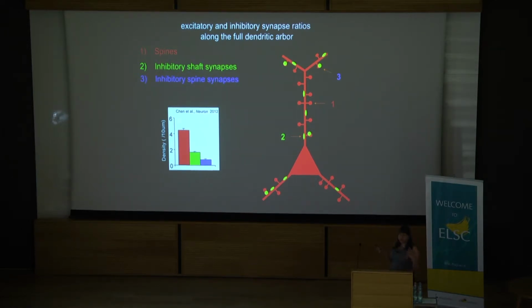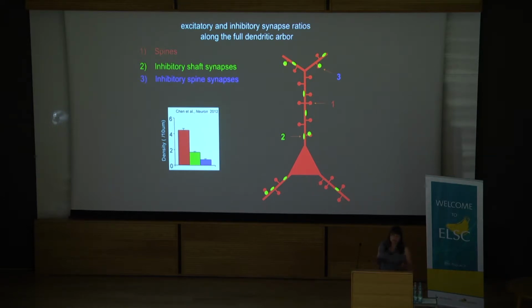These had been anecdotally described by EM, but always as if it was some odd thing to see a spine that had two synapses. But because here we have a view of the entire cell, we could actually say that the inhibitory spine synapses, color matched to here, are actually a third of the entire inhibitory synaptic population.